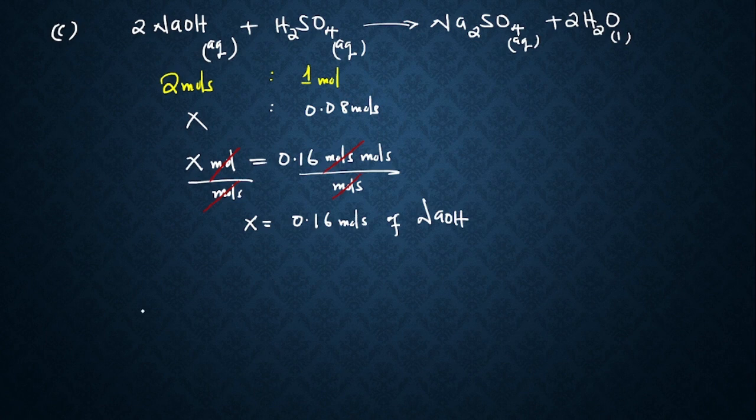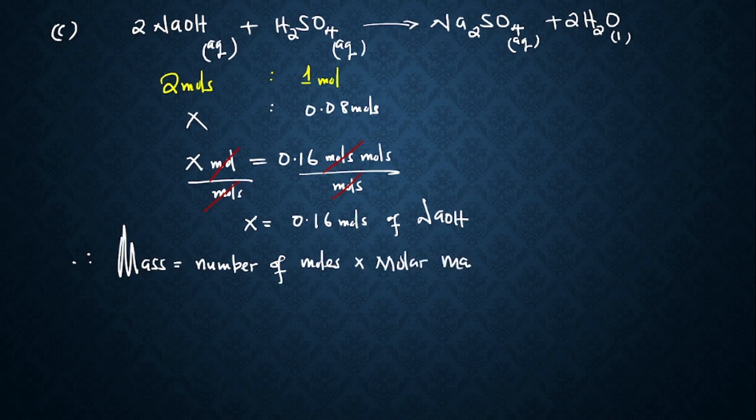We are interested in the mass. So therefore, we would say that mass is equal to the number of moles multiplied by the molar mass. The number of moles we have is 0.16 moles, multiplied by the molar mass.